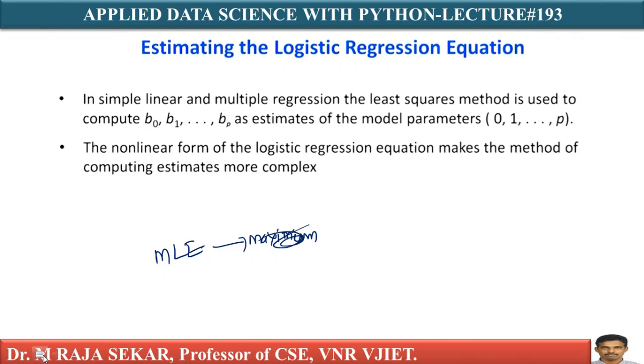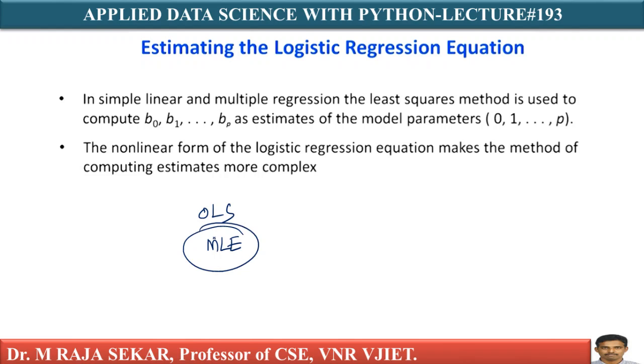Again, I am repeating, in the case of linear regression and multiple regression, we are using OLS, the ordinary least square method, to estimate population parameters with the help of sample parameters, whereas in the case of logistic regression, we will use maximum likelihood estimation to estimate the population parameters with the help of sample parameters.